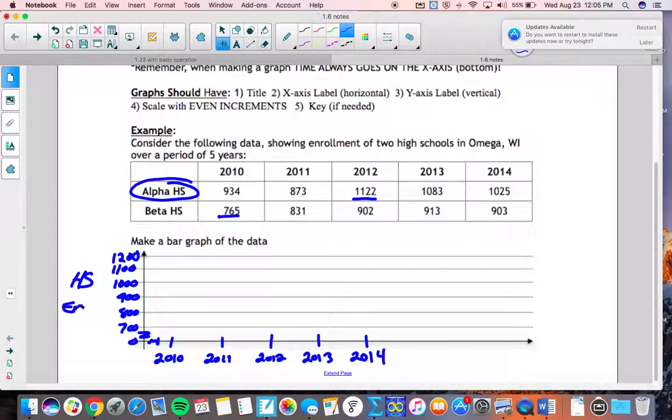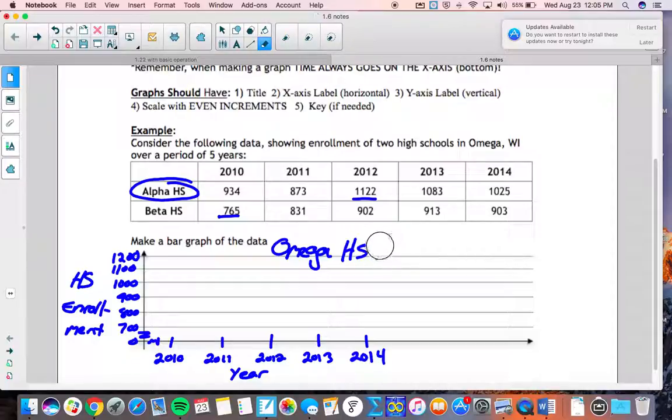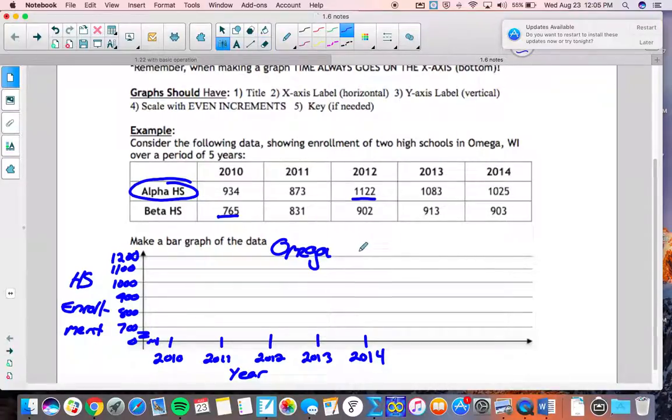So now I'm labeling my y-axis. I'll label my x-axis, and I'll title this Omega High School's enrollments.